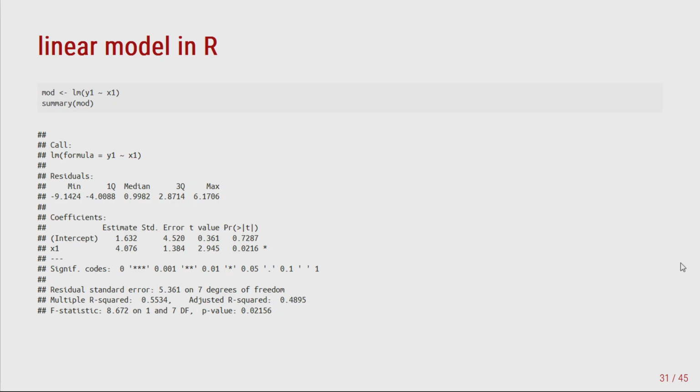It will give us a p-value, but the most important thing to check when we do a linear model is not the significance codes, but the estimate of the parameters. This is what we are interested in.